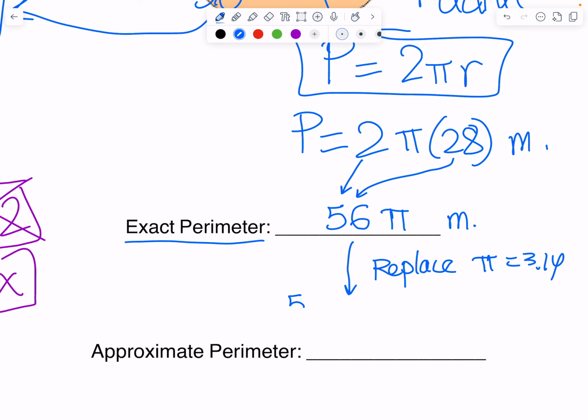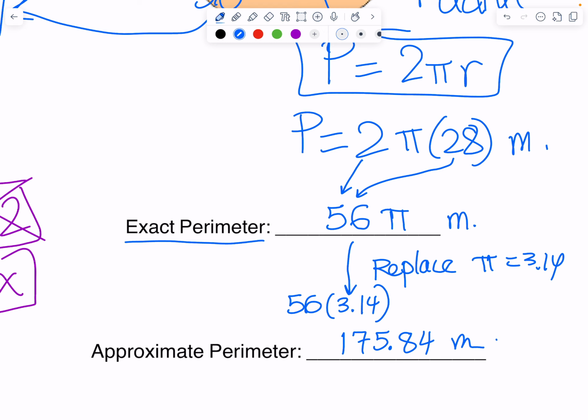So it was 56 multiplied by now 3.14. All right, let's see what that is. 56 multiplied by 3.14 is 175.84 meters.